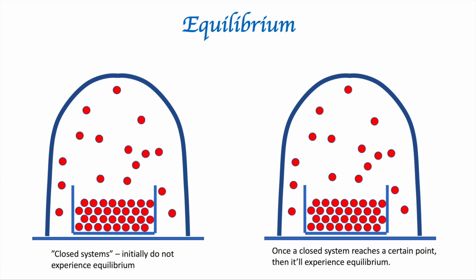Once it reaches a point of equilibrium, it will be very dynamic. It does not just stop, where this is only a liquid and this is only a gas. Instead, the particles will switch places. Even though the total number of particles in the gas is a fixed amount, and there's a fixed amount of the liquid, they're still changing places.